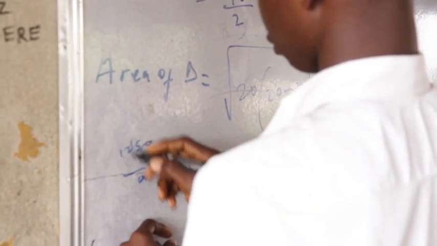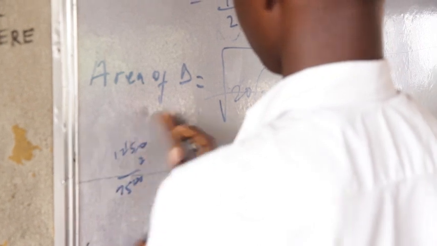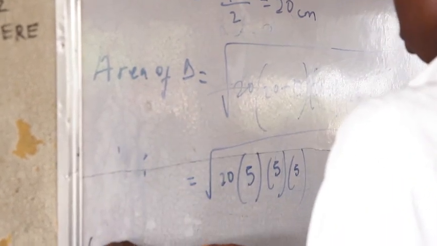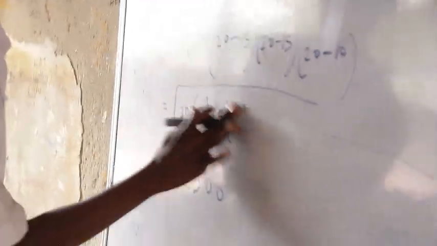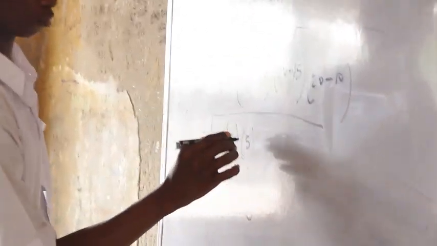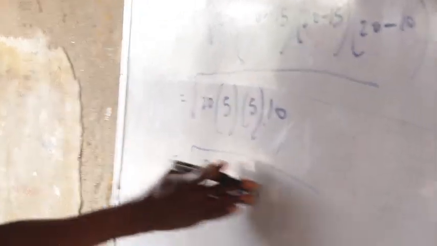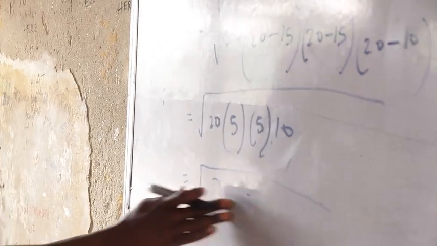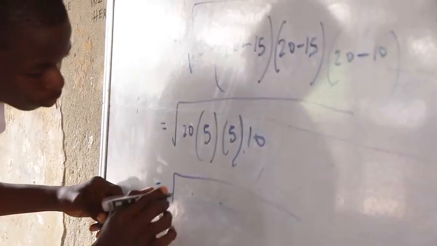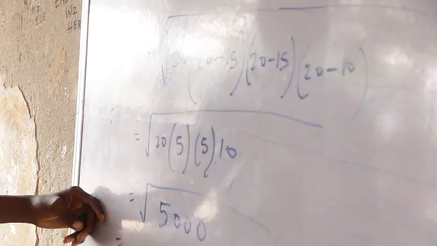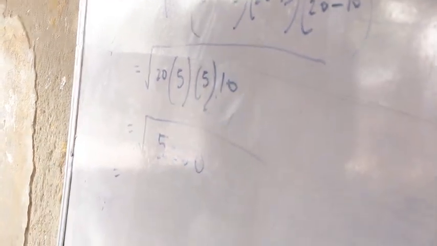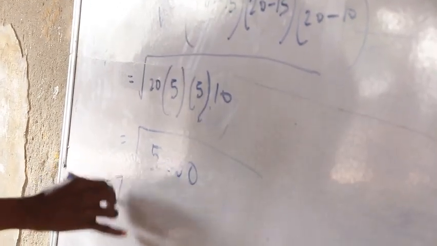What is the result? 20 times 5 times 5 times 5. 5,000. Ask your students now. 20 minus 10 is 10. Okay, what is the result now? 5,000. What is the square root of that 5,000?